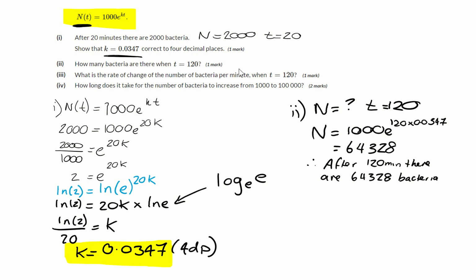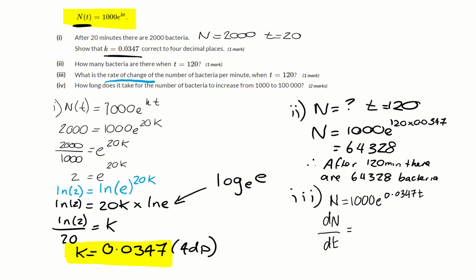Okay, part 3. What is the rate of change of the number of bacteria per minute at t equals 120? Straight away, rate of change, rate, differentiate. So I have to differentiate my equation, and once again, I can use my k value that I already found further on. And I get dN/dt.